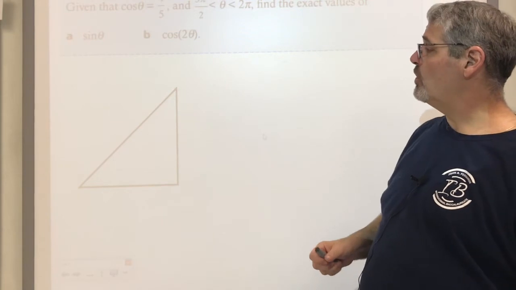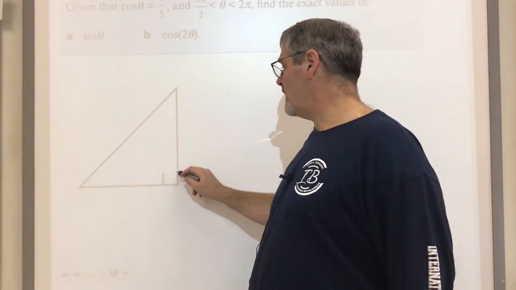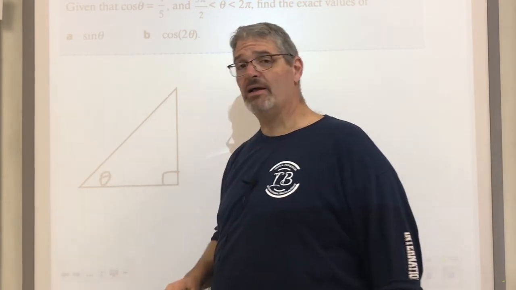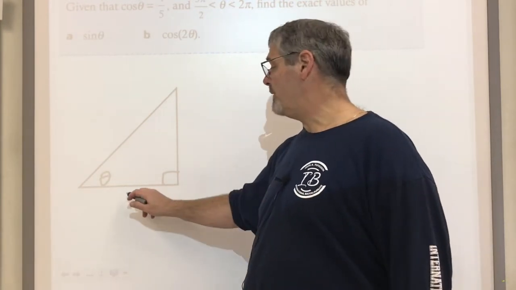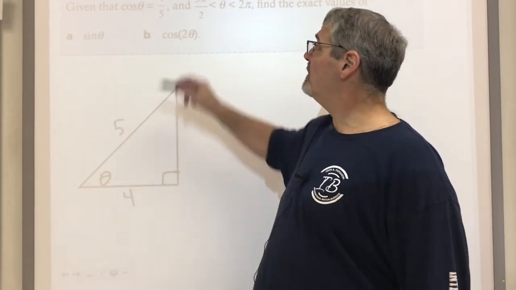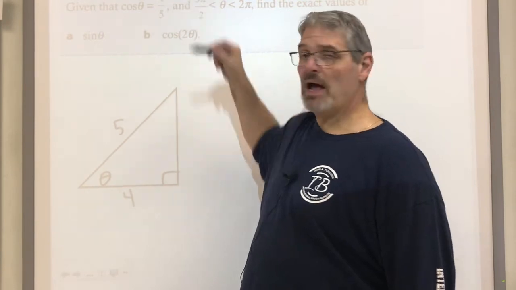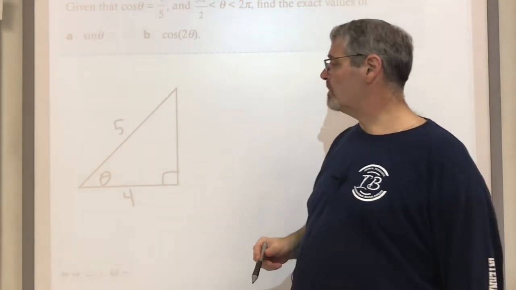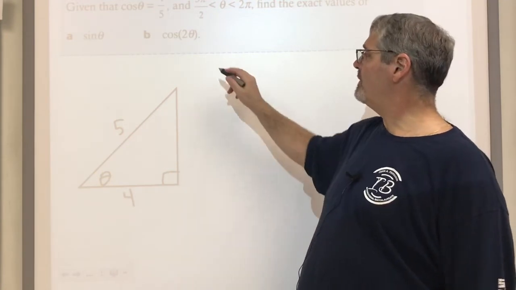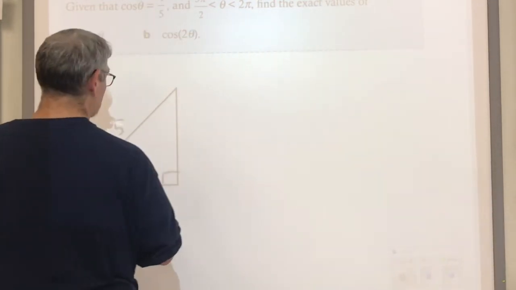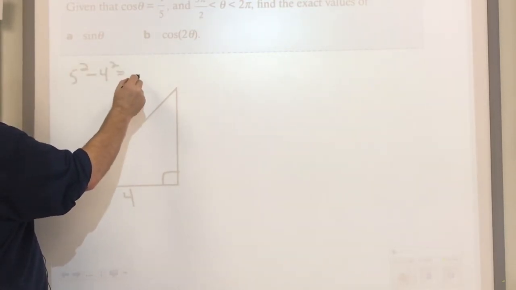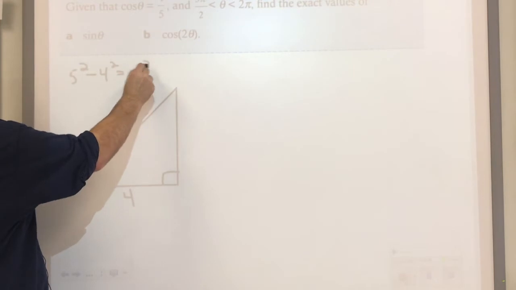All right? So using the same triangle, assuming this is theta, cosine is adjacent over hypotenuse. This is 4, and the hypotenuse would be 5. Opposite hypotenuse. So to figure out this, I use Pythagorean theorem. 5 squared minus 4 squared equals a squared.